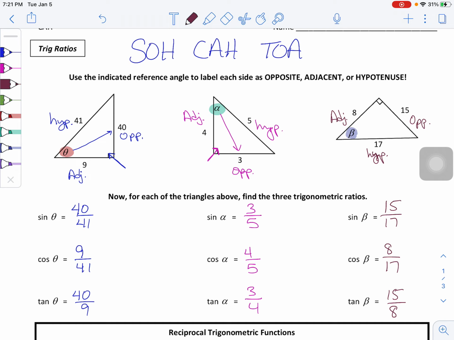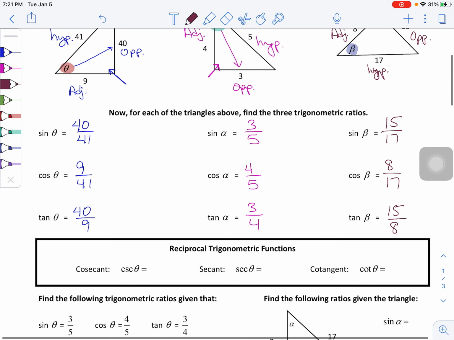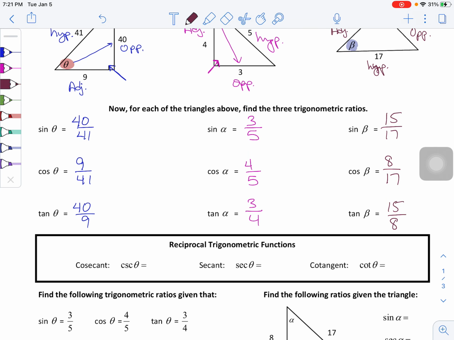All right, so that's the first 3 trig ratios, sine, cosine, tangent, but there are 3 more, and they are referred to as the reciprocal trig functions. The reason they're called that is because they are literally the reciprocals of your trig functions, meaning you're going to flip the fractions over.